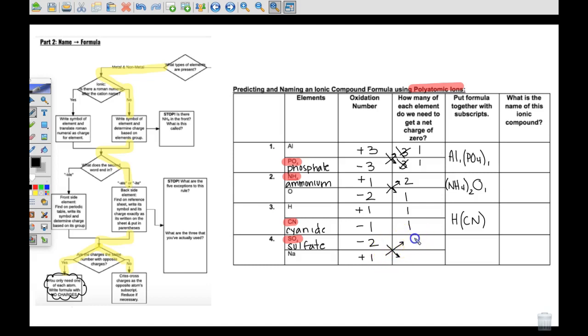So I'm going to pull the 1 up and then pull the 2 down. Because sodium is positive, sodium's going to come first. But I need 2 sodiums as evidenced by the number of elements I need to get a net charge of 0. So it'll be Na2 and then sulfate, because it's a polyatomic ion, I'll put in parentheses with a 1 after it.